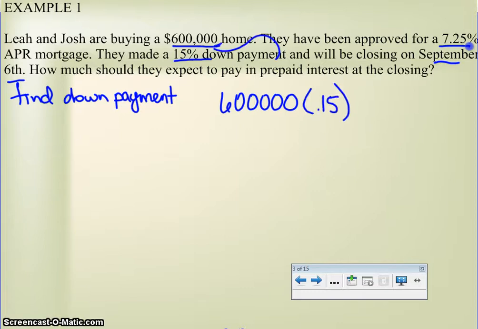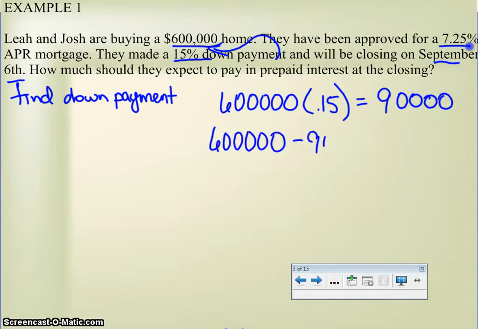We got that because it was 15% down, and then dividing by the 100, we get 0.15 as a decimal, and we find that that is $90,000. So now if we take the $600,000 and we subtract that down payment of $90,000, we find that the loan amount is going to be $510,000.